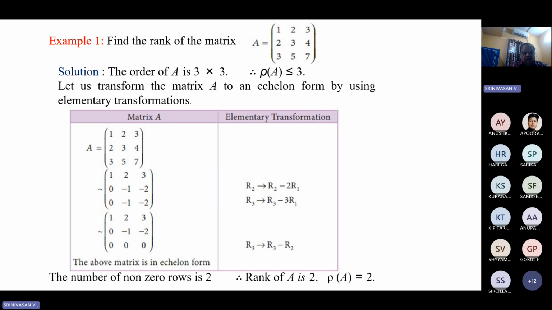It is also a non-zero row, but this one is the only 0 row. Therefore, how many non-zero rows are there? There are 2. That defines the rank of the matrix. So the number of non-zero rows is 2. Therefore, rank of A is 2. Basically, we said rank of A is less than or equal to 3, which we are now able to find: rank of A is equal to 2. Is it clear to all? Is there any doubt?